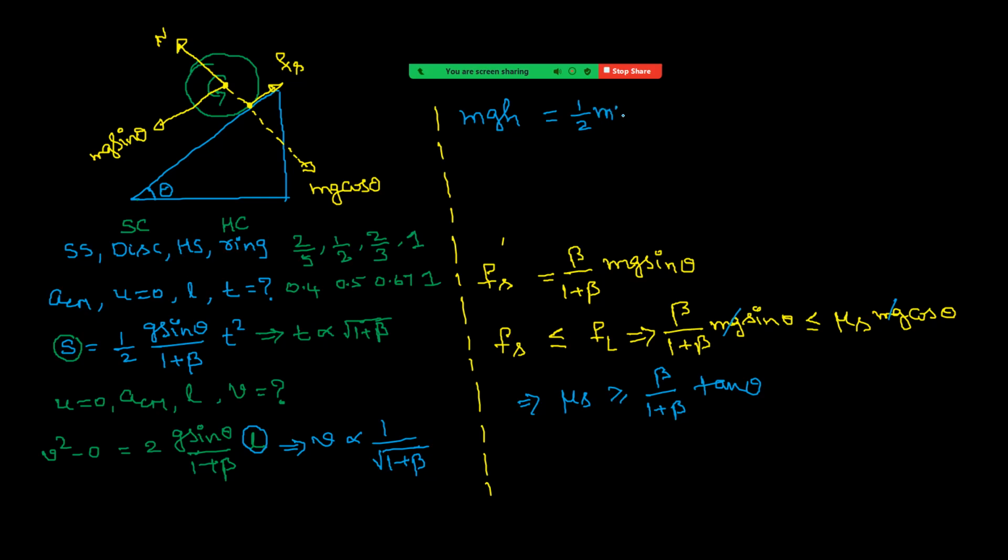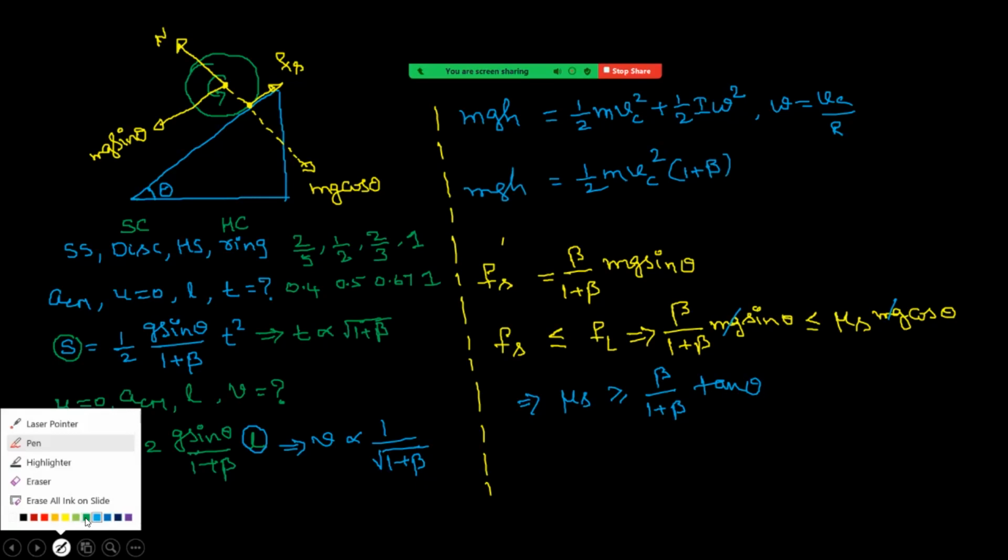We have to take kinetic energy because of translation and because of rotation, plus half I omega square. Now the inclined plane is stationary, therefore we can write omega equal to Vc by R. That means we get half m Vc square into 1 plus beta, equal to mgh.